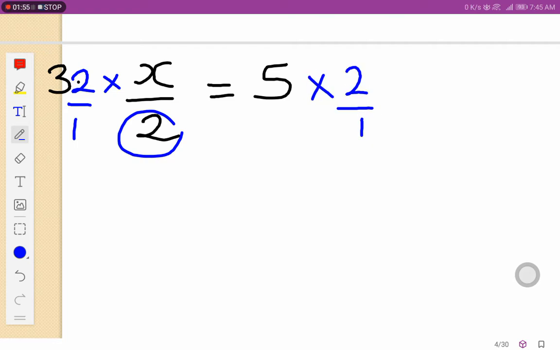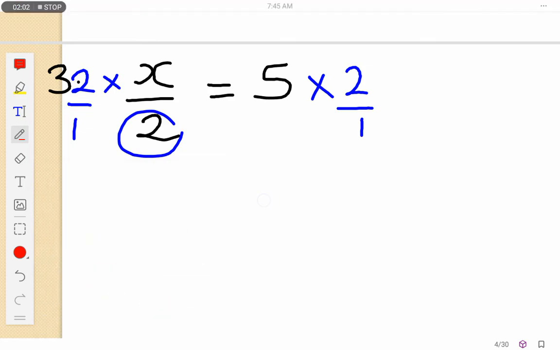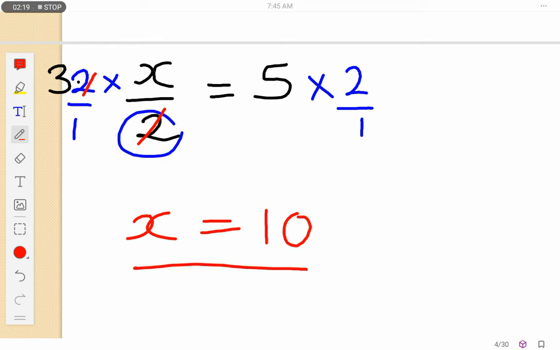I'm saying 2 over 1 so that you understand, otherwise it's the same as multiplying by 2. When I multiply by 2 over 1, these cancel off each other and we remain with an x here. On this side, we simply say 5 times 2, it's over 1, we get 10. So our x is equal to 10.